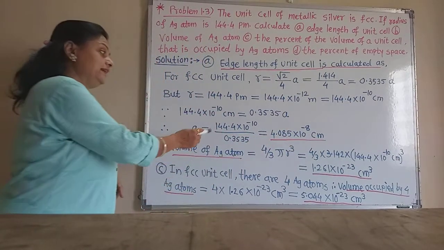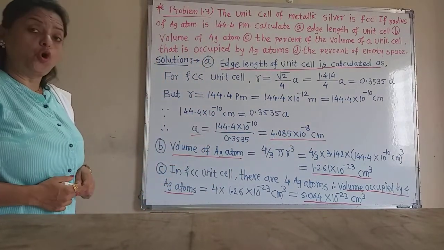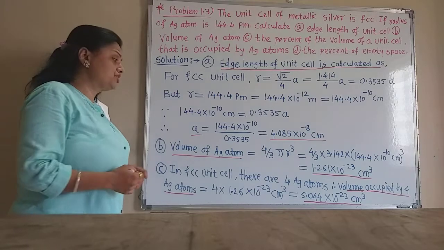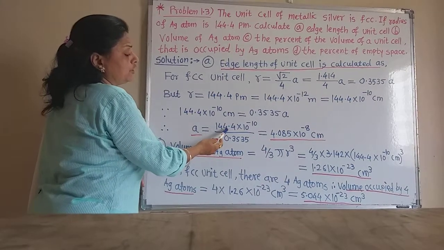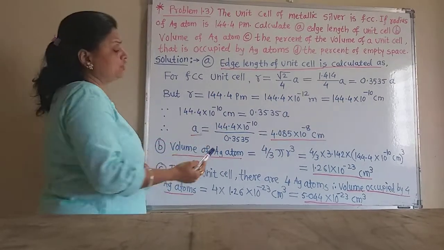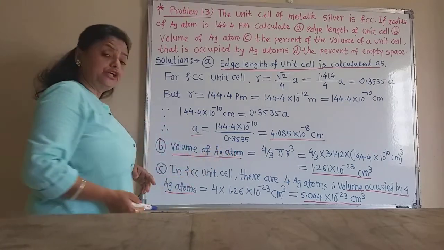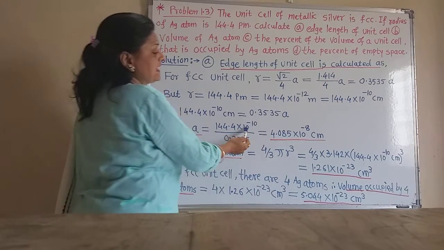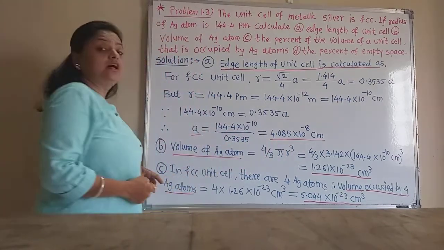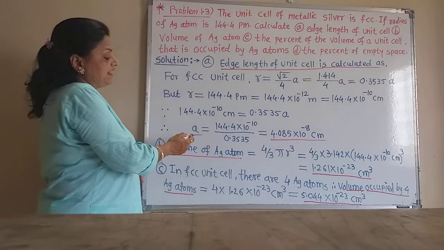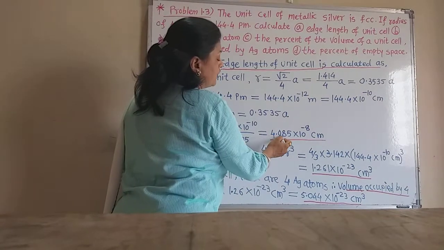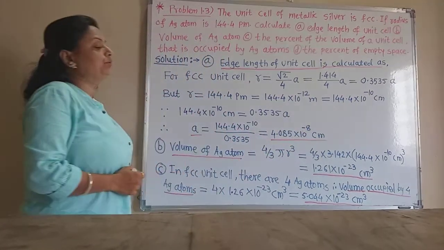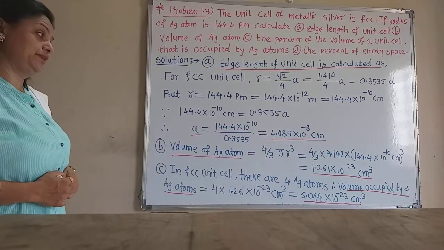If you calculate this value by using the logarithmic table, just see the log of 144.4 and subtract the log of 0.3535 from that, and then see the antilog, and this is adjusted by placing the decimal point. So the edge length is equal to 4.085 into 10 raised to minus 8 centimeter.